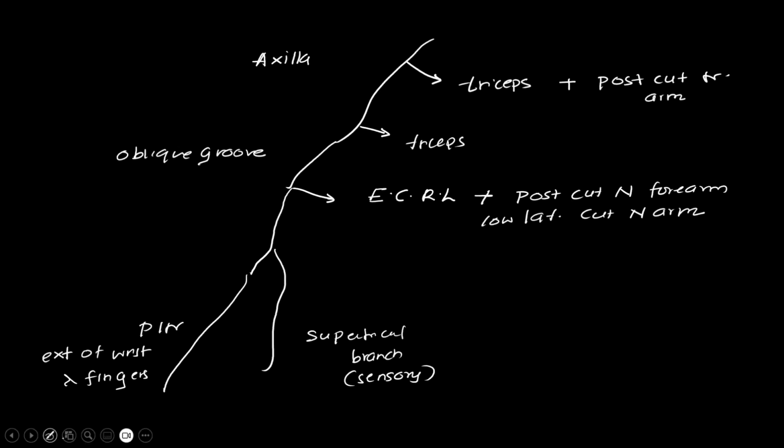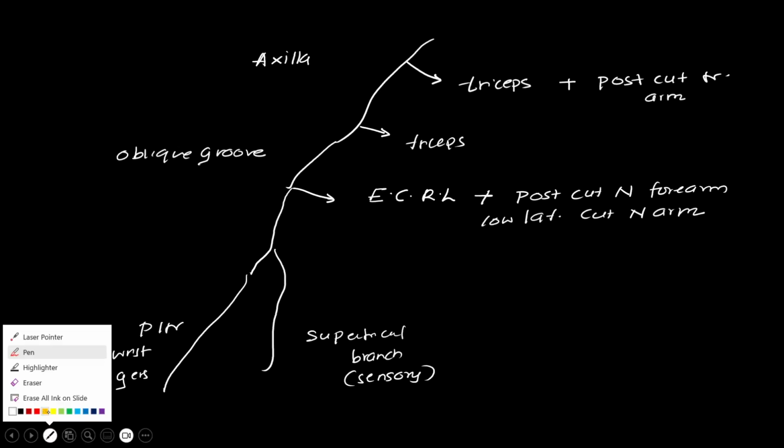So where are the possible lesions? First of all, there could be lesions happening in the axilla. If you can remember, there is this instance where people who are drunk rest in a way that there is impingement of the nerve at the axilla. This is called Saturday night palsy.